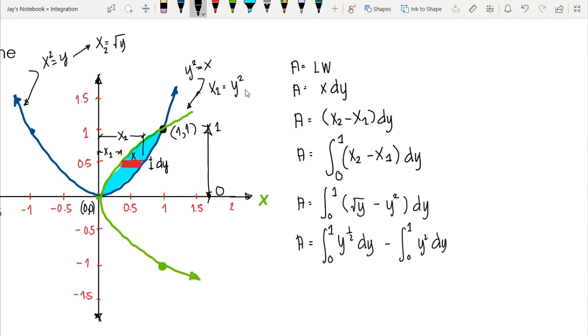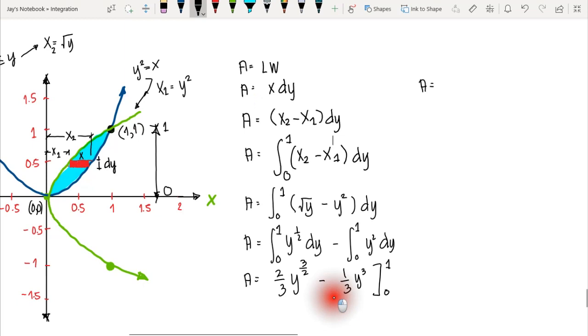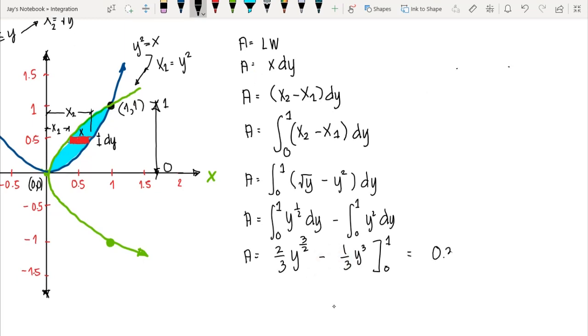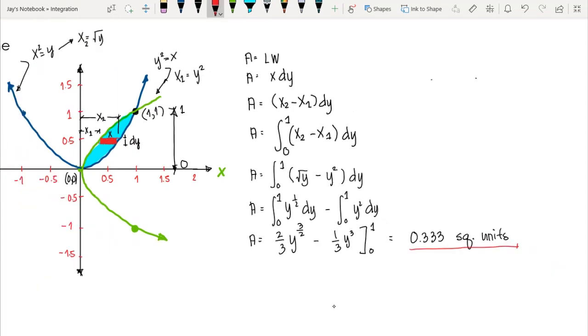We get 2/3 y raised to 3/2 minus 1/3 y cubed, with limits from 0 to 1. By evaluating this, we get 0.333, or 1/3 square units. So we have our final answer, the area of this region.